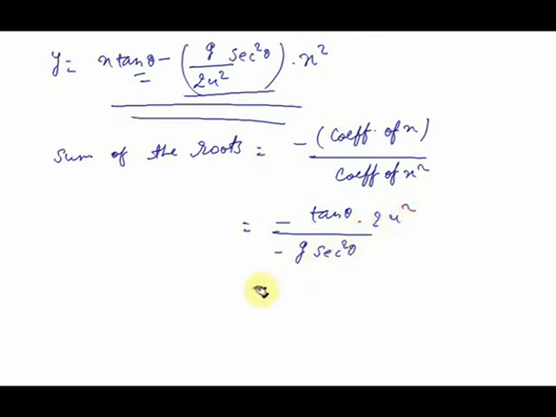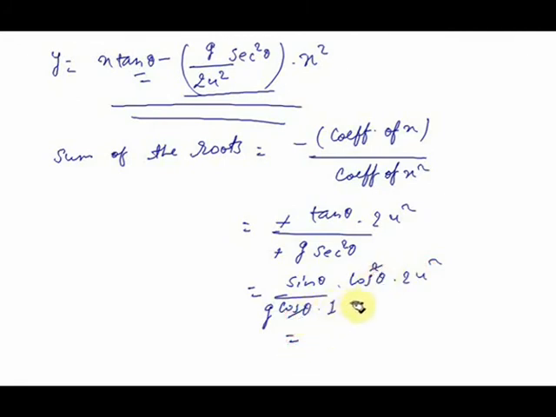So this minus sign will cancel out, and we can write tan theta as sin theta by cos theta, and sec square theta as 1 by cos square theta, into 2u square.